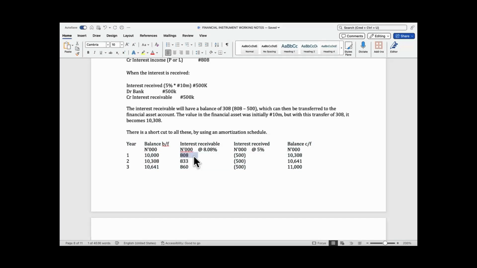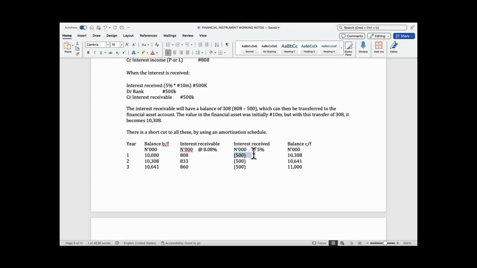Then you capture your interest receivable, which is 8.08% of the 10 million, which is 808. Then you remove how much you actually received, because this 808 includes everything, right? So out of these 808, you are only going to receive 500, which is calculated as 5% of the 10,000.